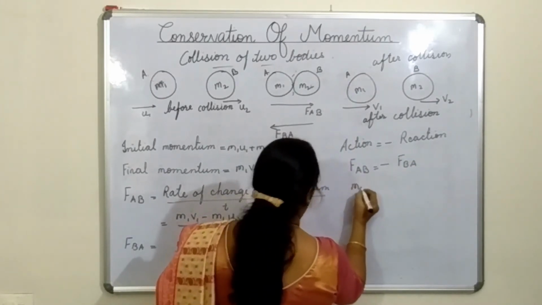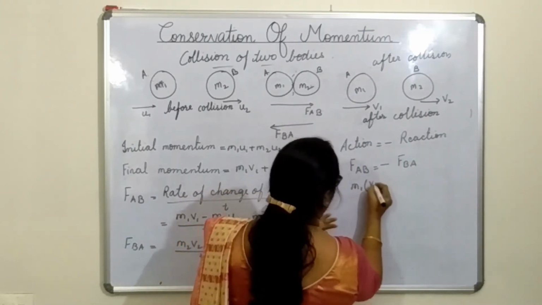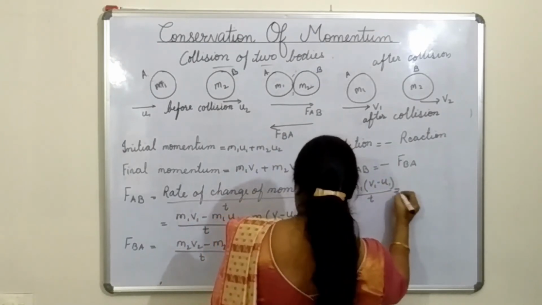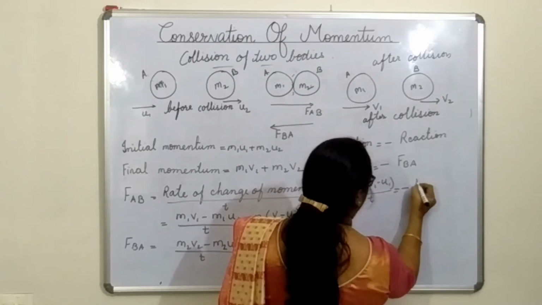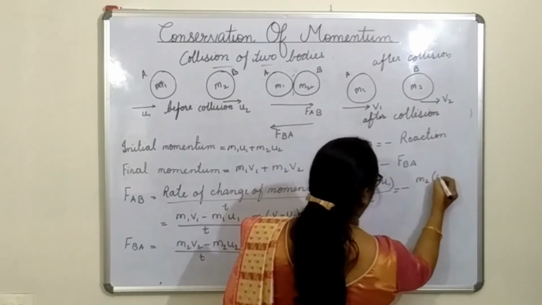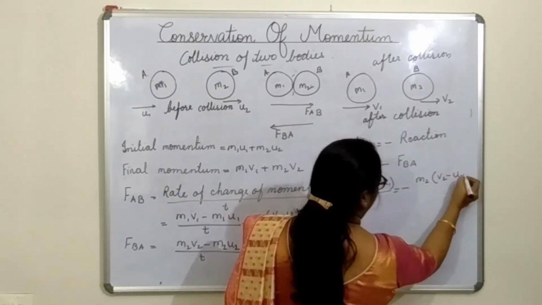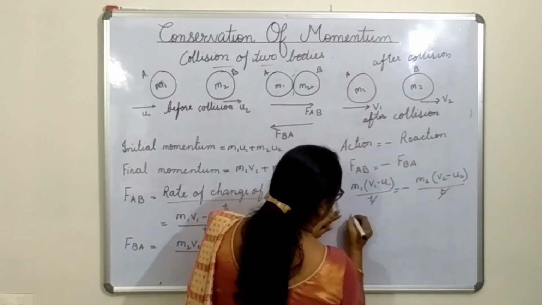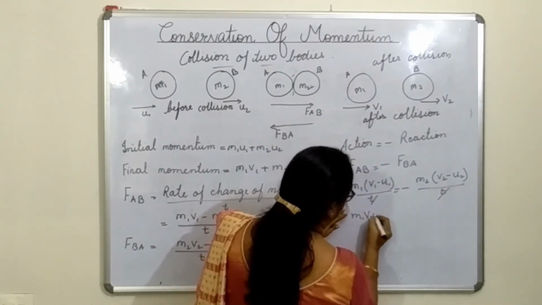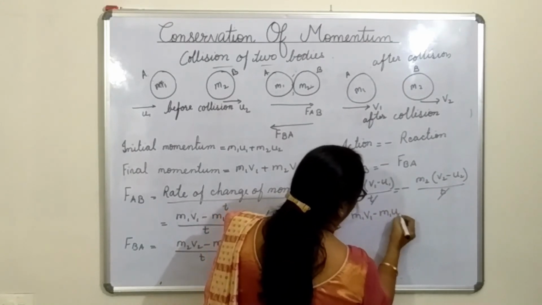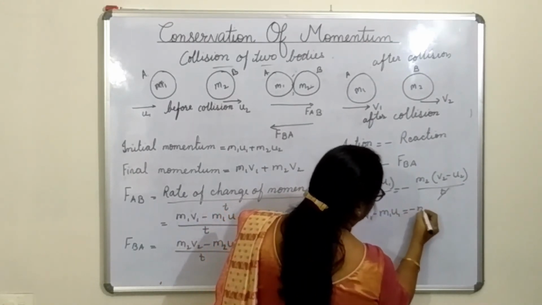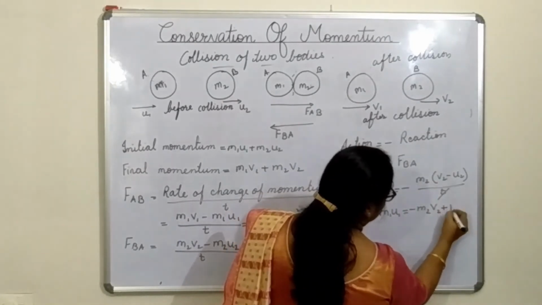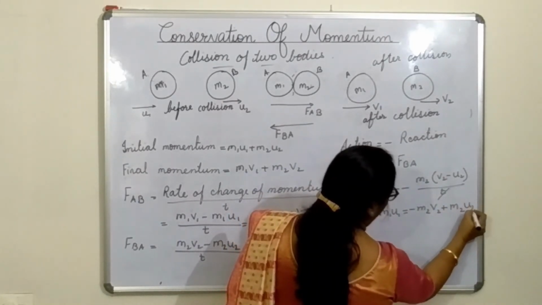That is m1 into v1 minus u1 divided by t, which is equal to minus m2 into v2 minus u2 divided by t. This t will get cancelled. This will be m1 v1 minus m1 u1 is equal to minus m2 v2 plus m2 u2.